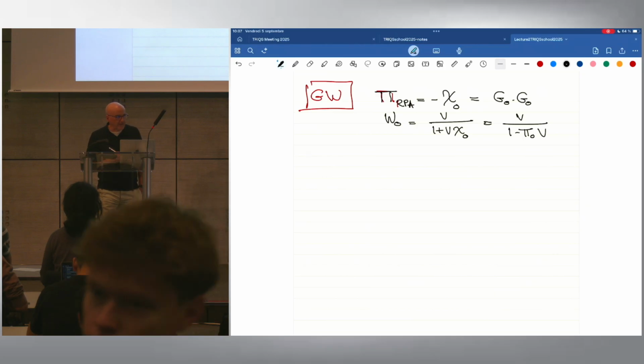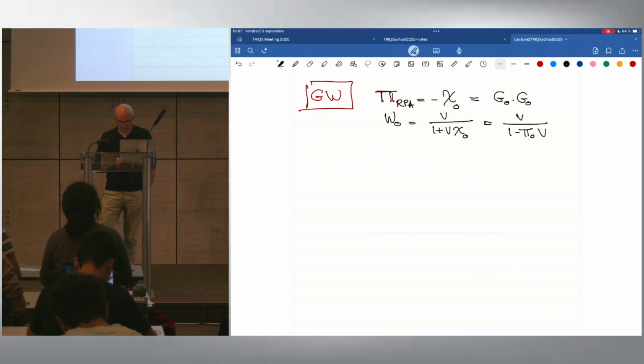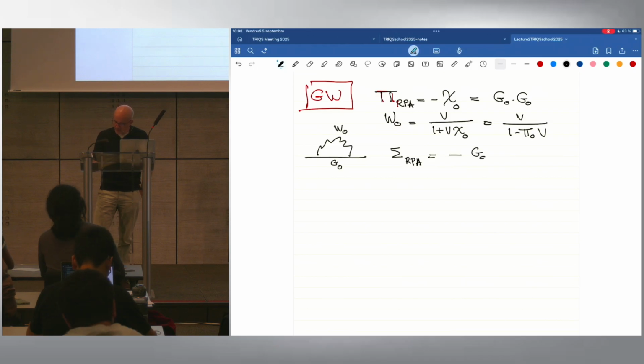At the same level of approximation, I can compute the self-energy of the system as the lowest order diagram, which involves my RPA screened interaction W naught and my bare Green's function G naught, and that will give me sigma RPA equal, again in colloquial terms, minus G naught W naught. So this is RPA.